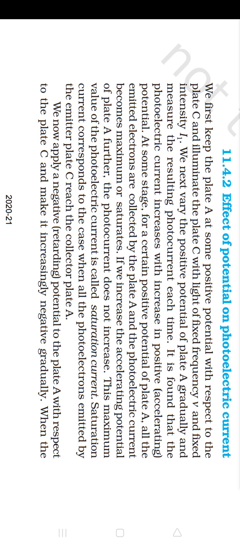Saturation current corresponds to the case when all the photoelectrons emitted by the emitter plate C reach the collector plate A. We now apply a negative retarding potential to the plate A with respect to plate C and make it increasingly negative gradually.